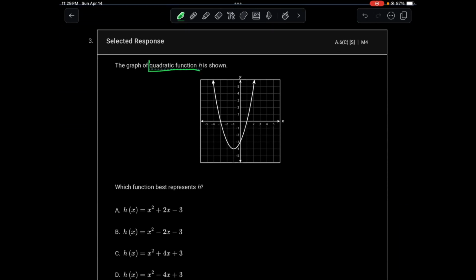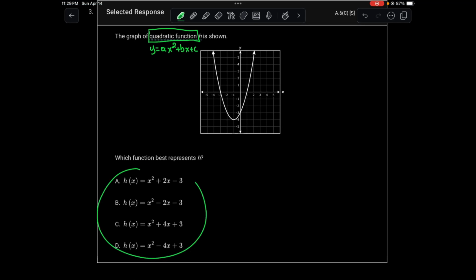Okay, quadratic function. Usually we have several forms of a quadratic. The most frequent is the standard form, so I expect something like that, but that doesn't mean that this is the form that they want.